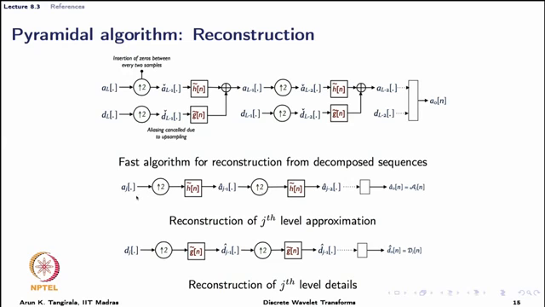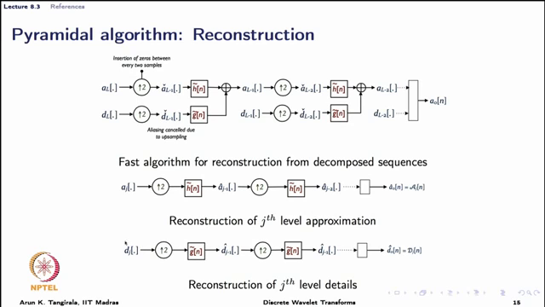When I perform this operation only on the approximation coefficients in a particular band, what I recover is the approximation corresponding to that frequency band, or to that scale, and that is essentially big A subscript L, right.